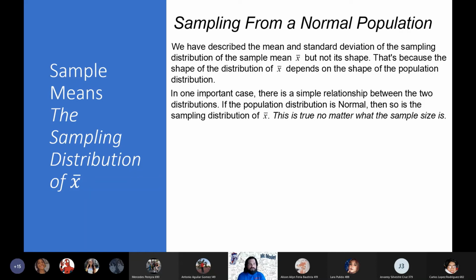This is true no matter what the sample size is. So if our population is normal, the sampling distribution will be normal for x bar, no matter what sample size. Previously, we saw that the sample size can essentially adjust things from not normal to normal.